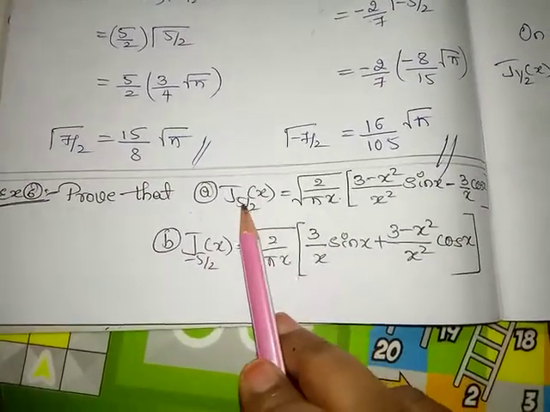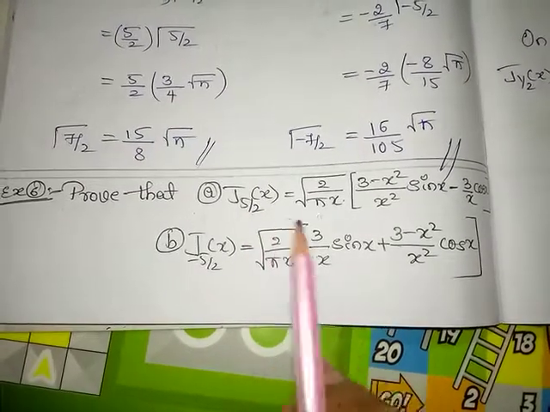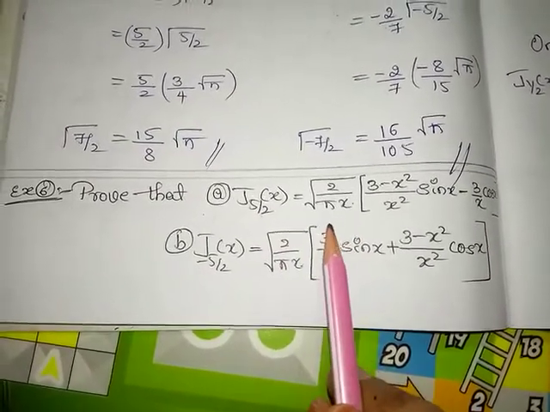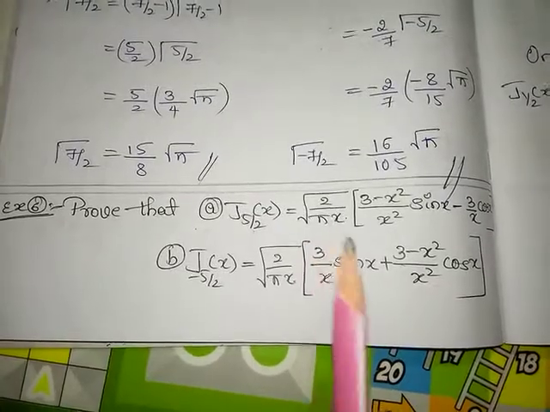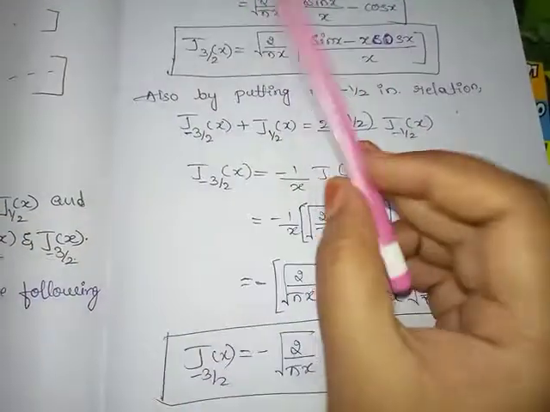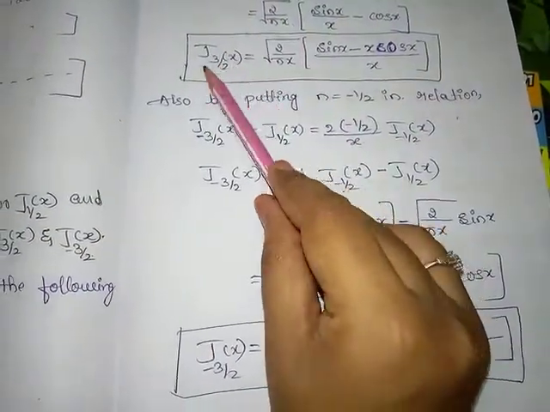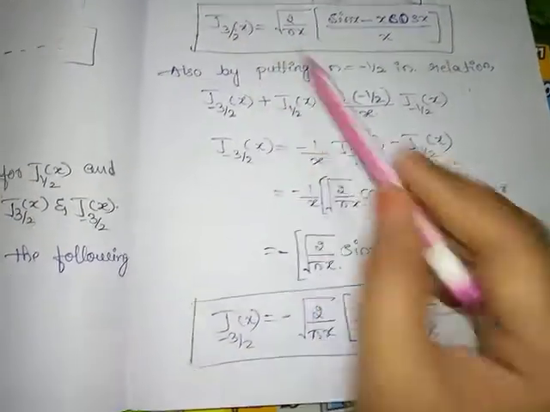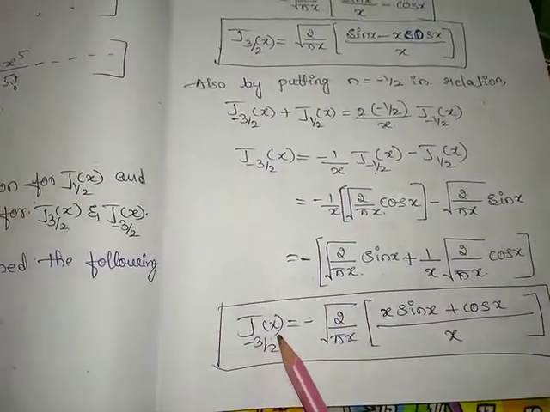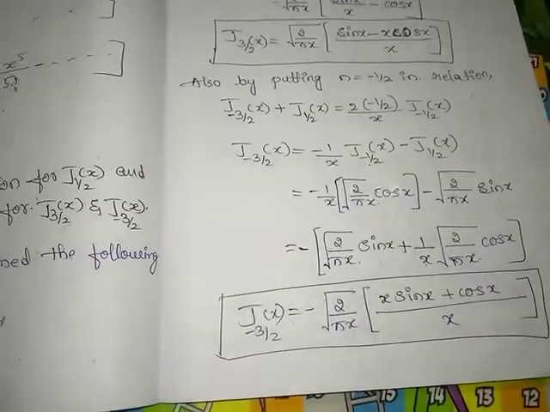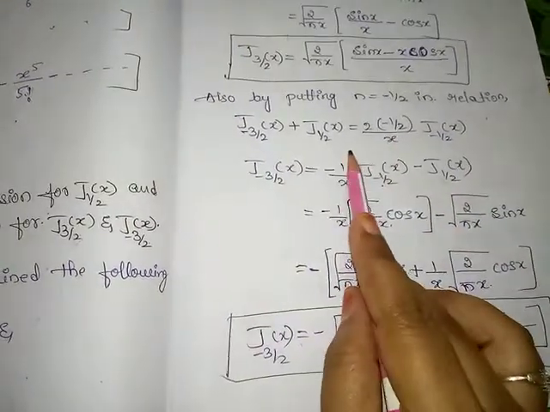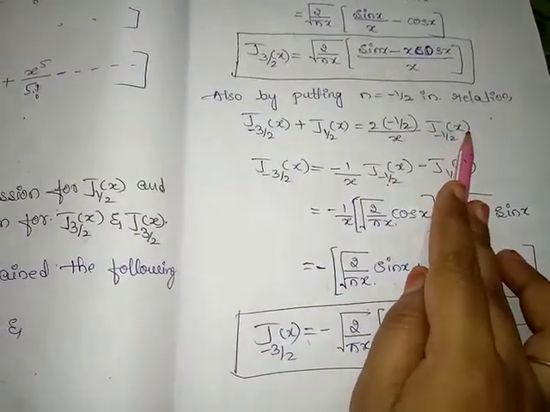You can prove this by the definition of the Bessel function. Otherwise, you already know the results of J_{3/2}(x) and J_{-3/2}(x). Here we are using the results of J_{1/2}(x) and J_{-1/2}(x).